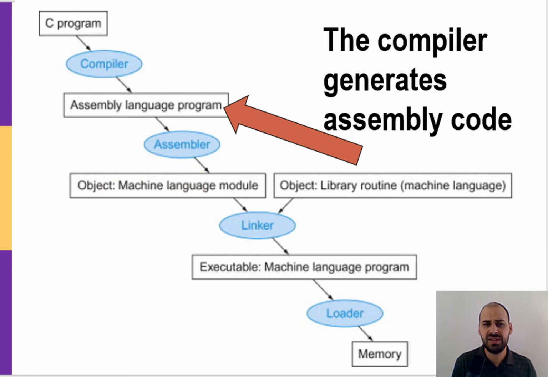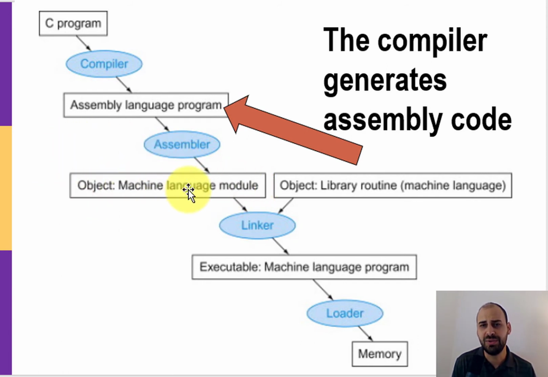Okay, so let's take a look at how we can do that. I'm going to run the compiler this time in such a way that we go from the C program through the compiler to the assembly language step again, and continue through the assembler, and it's going to stop when it's created a machine language module, or an object.